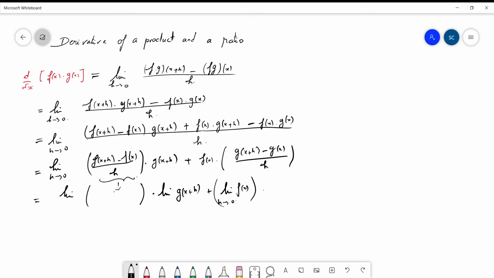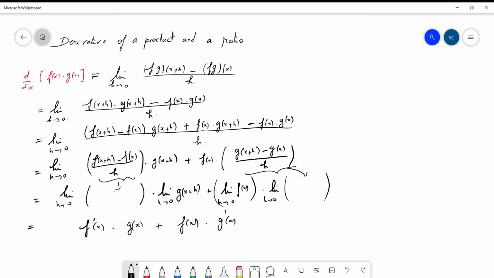But it is a constant, it doesn't depend on h, so it's exactly f(x), times the limit of the other ratio as h approaches 0. Then I can conclude it's f prime at x times g(x), using the continuity of g because it is differentiable, plus f(x) times g prime of x.